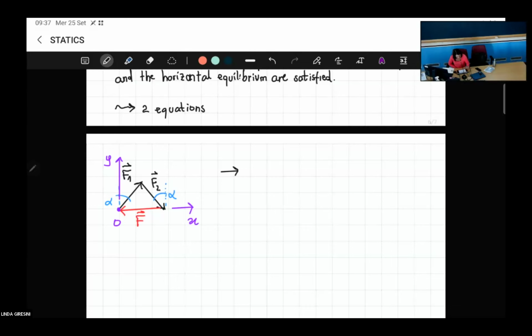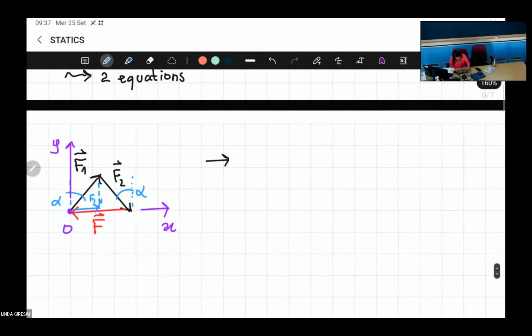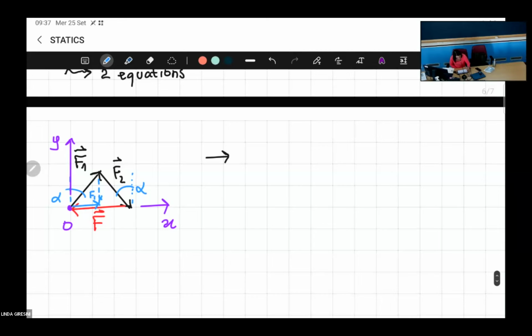Now we write the equilibrium in the horizontal direction. The first component, F1x, will be the component projected onto the x-axis. It will be this small force.